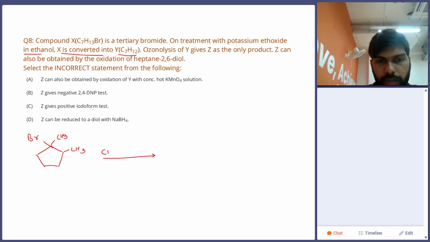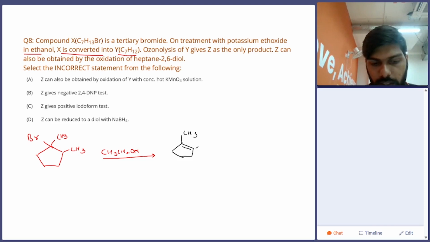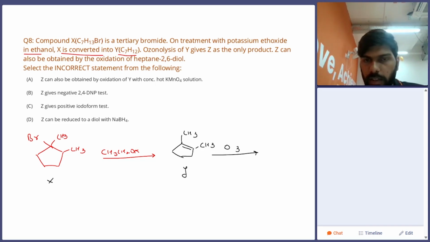Now in the presence of a strong base, that is potassium ethoxide, CH3CH2O-, elimination happens and we will get an alkene, with CH3 and CH3. Clear now? Then they are saying X is converted into Y. So this is Y, then ozonolysis. And in ozonolysis, if nothing is written, it is reductive. Ultimately it also gives you acetone.